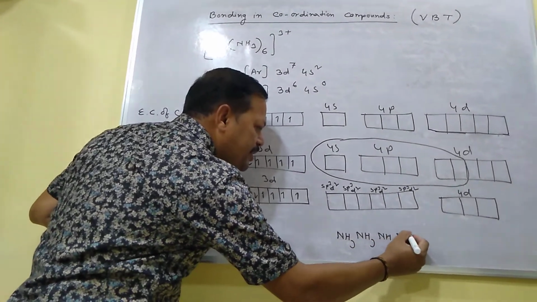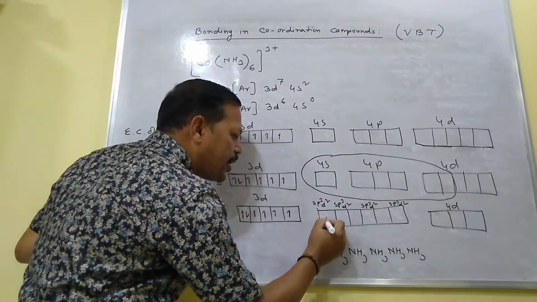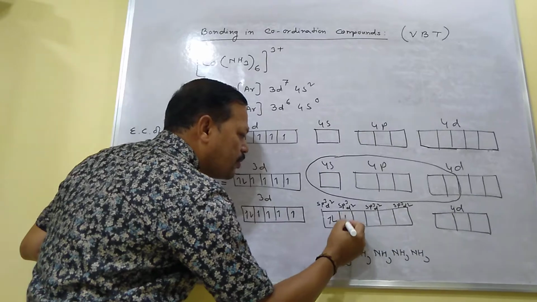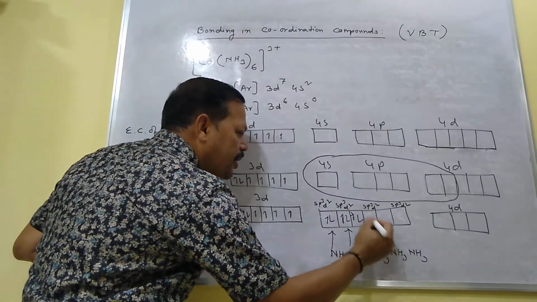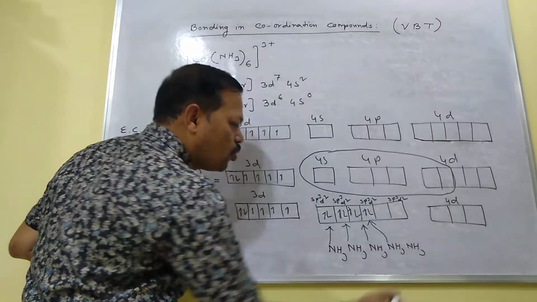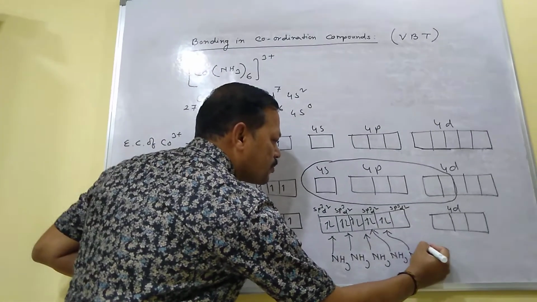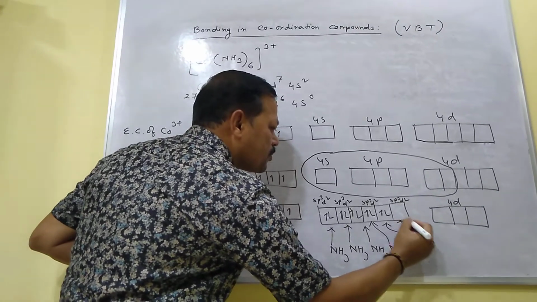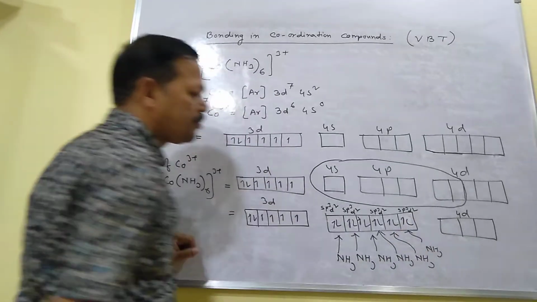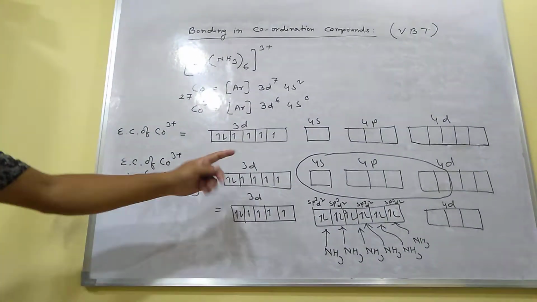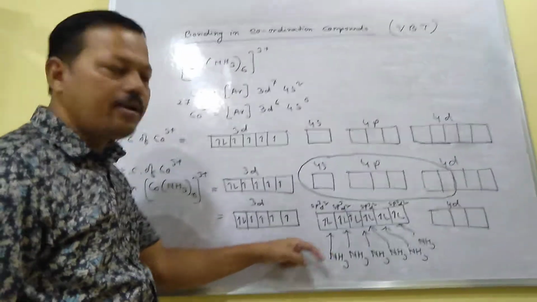So these are the 6 ammonia ligands. Now the nitrogen will donate the electron pair from ammonia, and it will enter the vacant hybrid orbital of cobalt. So in this way they undergo hybridization and form the bonding between the ligand and the metal.